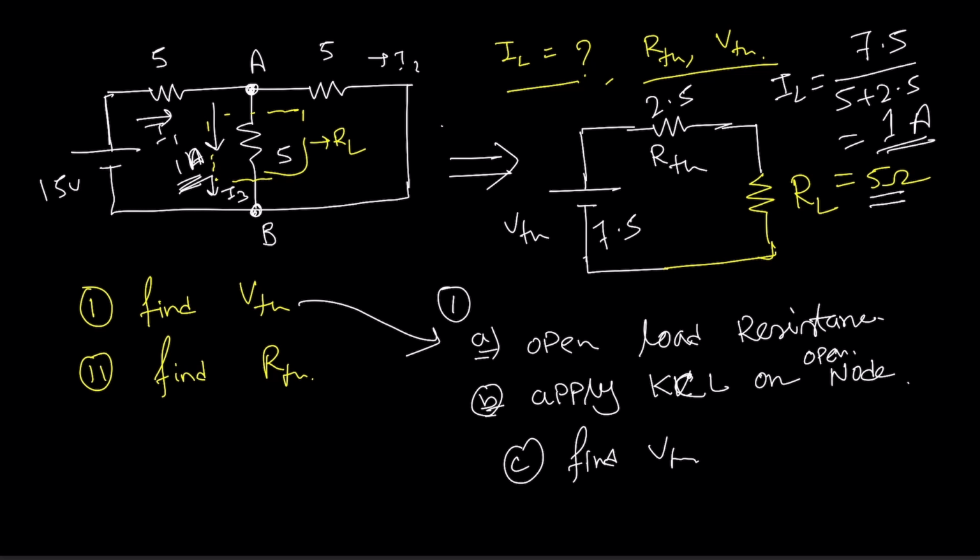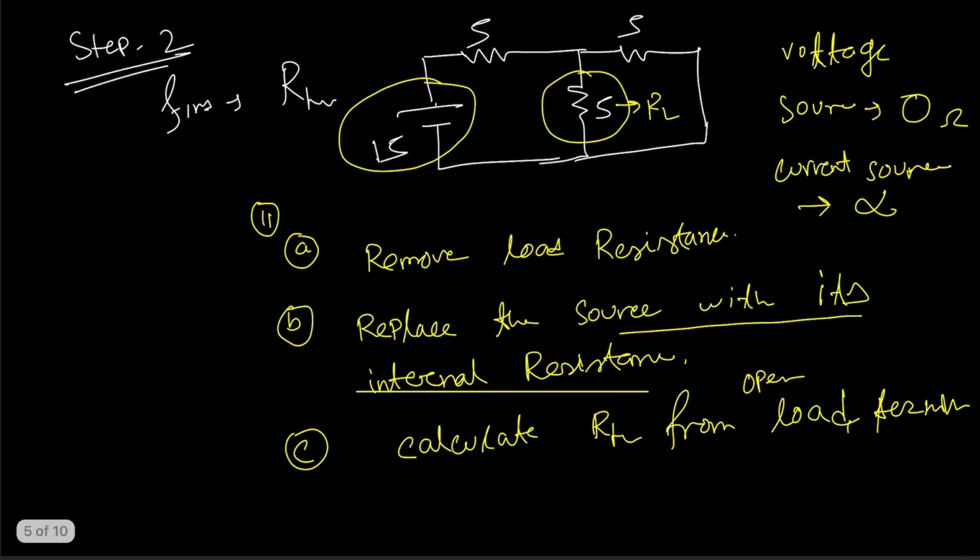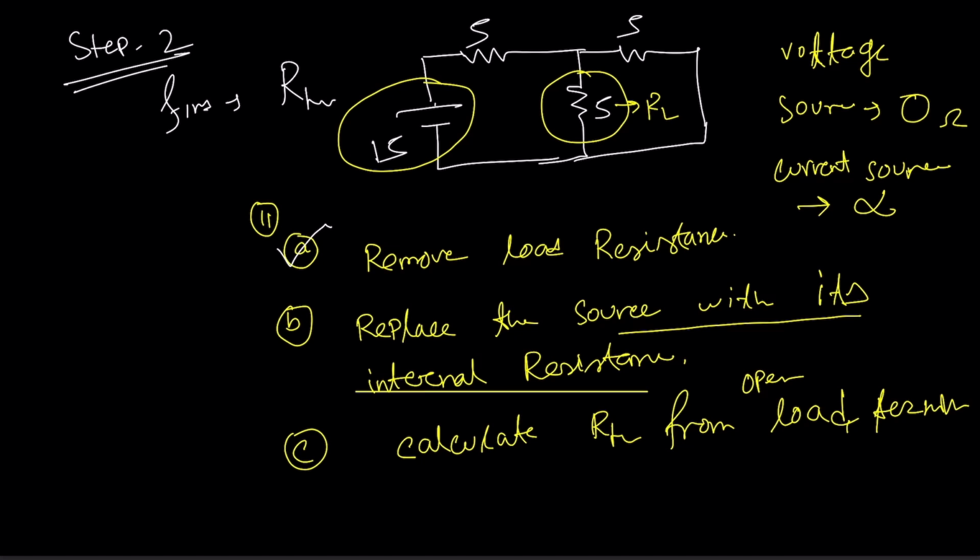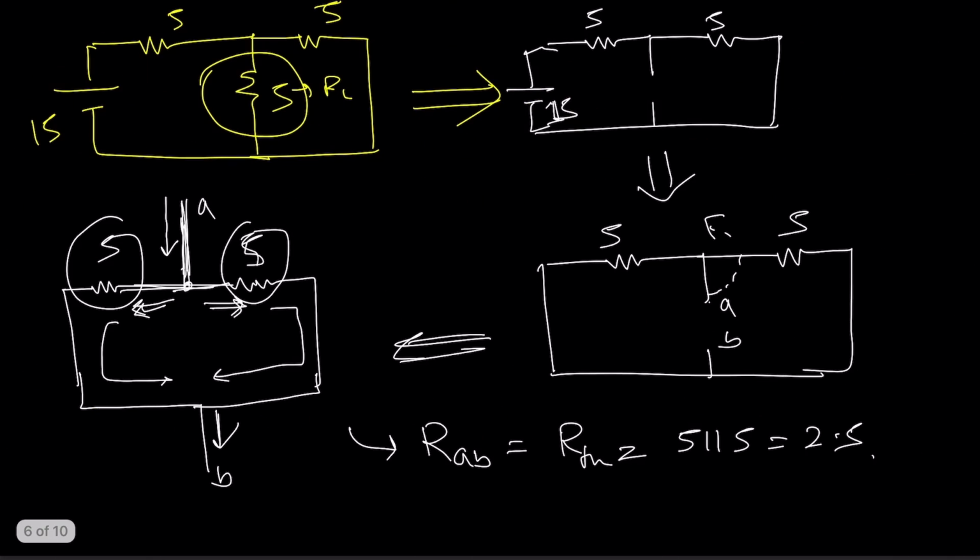For VTH calculation, you need to open the load resistance or remove the load resistance, apply the KCL at that particular node and find the VTH. This is for the VTH. For the RTH, what you need to do? Remove the load resistance and then replace the source with its internal resistance, okay, and then calculate the equivalent resistance, that will be the RTH.